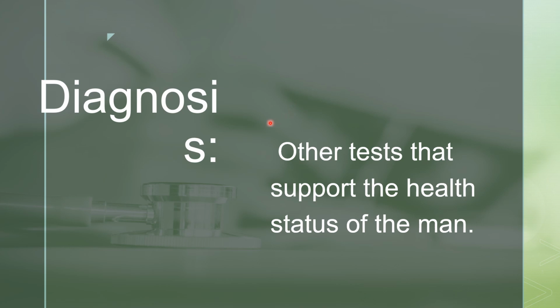There are other tests that we can do to support the health status of this man. Let's have a complete blood count done. He might even have leukemia, we don't know. Let's have the urinalysis done.